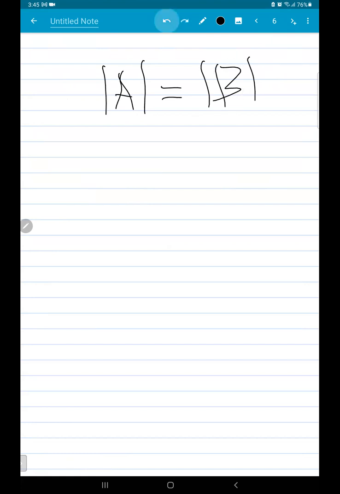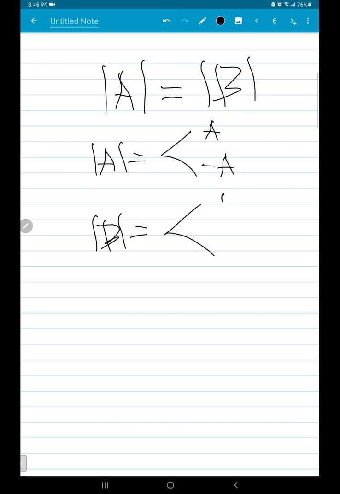Well, the absolute value of a can be either a or -a, right? So the absolute value of b can be itself or the negative of itself, so that you have a maximum number of 4 cases. So one, the absolute value of a can be a.